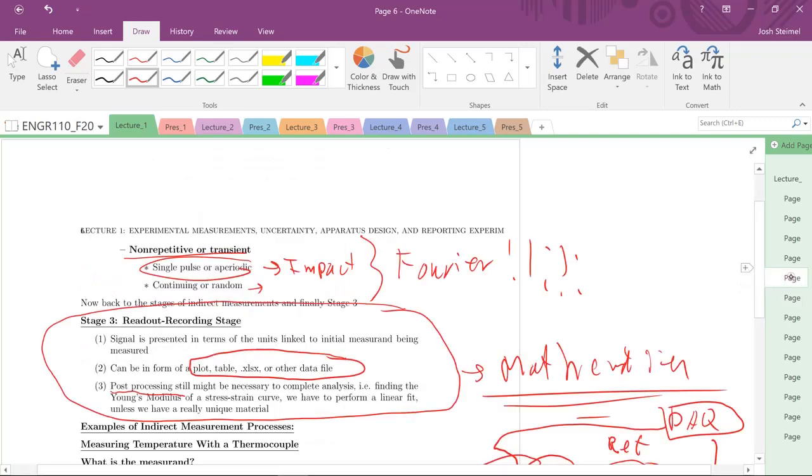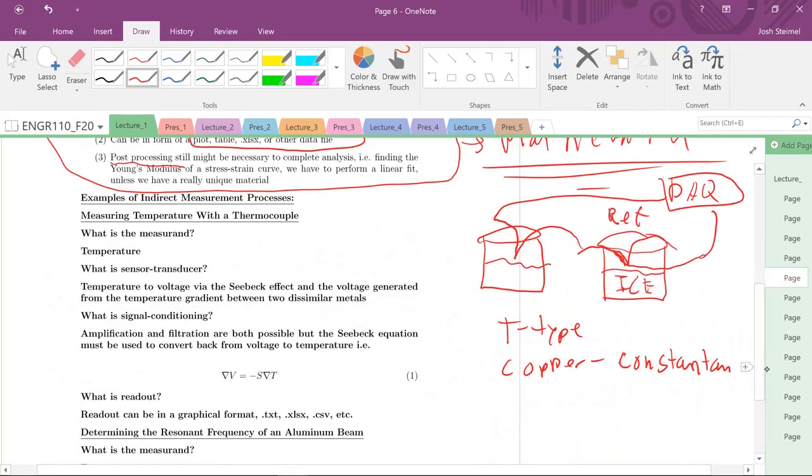So what happens in a thermocouple? A thermocouple is actually a super interesting materials science topic in and of itself, because it has to do with something called the thermoelectric effect, also called the Seebeck effect, after the scientist who figured it out.